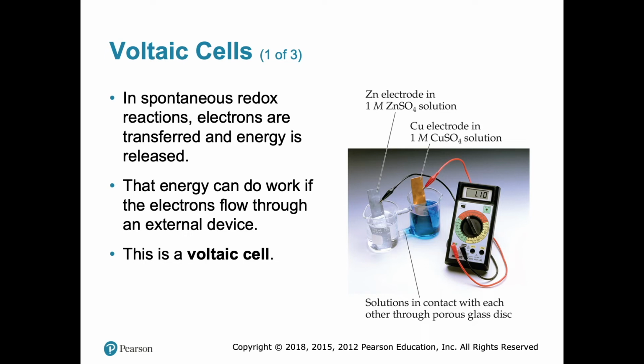The blue solution is the copper solution, and the zinc sulfate solution is the clear one. Then a redox reaction will occur between the zinc and the copper, and when that happens, you can actually get a current flowing through. It's kind of neat.